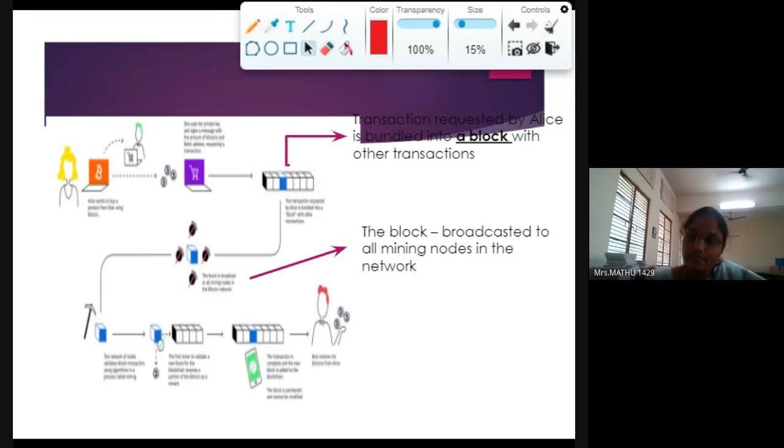Whoever has mined or validated that block will receive some award in terms of bitcoins, or he'll be able to create a new bitcoin as a wage, because he has done a lot of computational work and has spent so much, so he'll be awarded with the bitcoins.